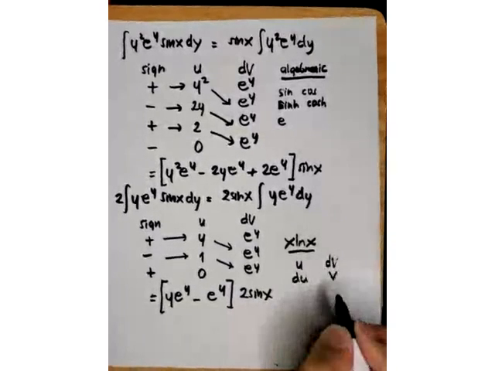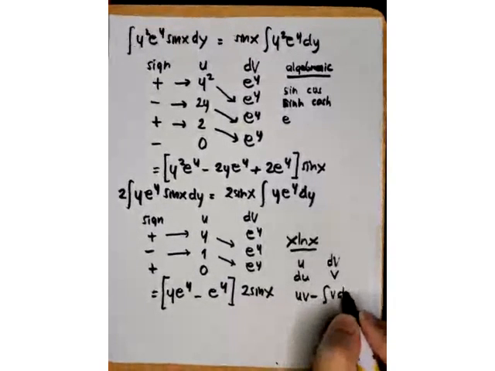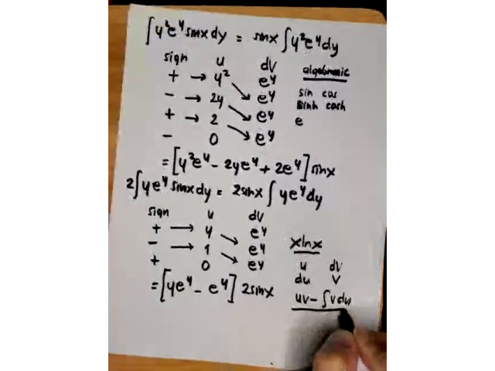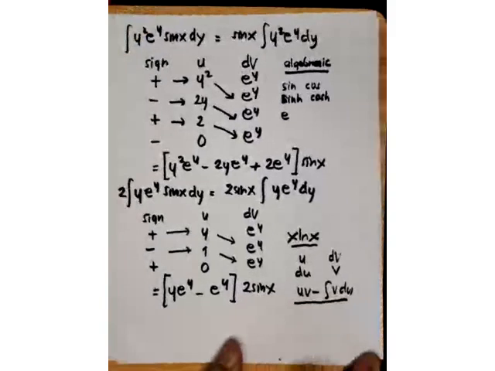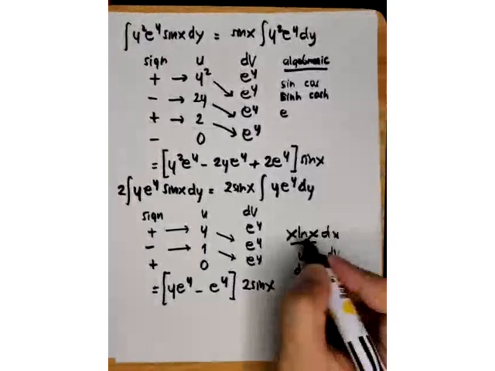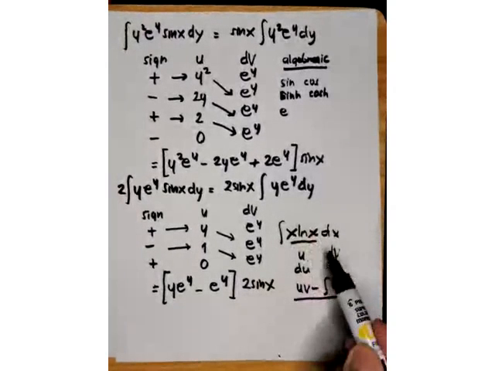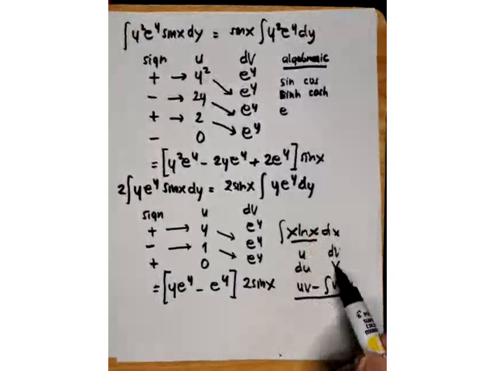And then yung formula, uv minus the integral of v du. Pipili ka ng u at saka dv. Siyempre may dx yan. u dv. And then derive mo to, integrate mo to. And then use this formula.